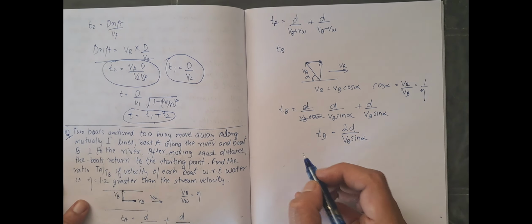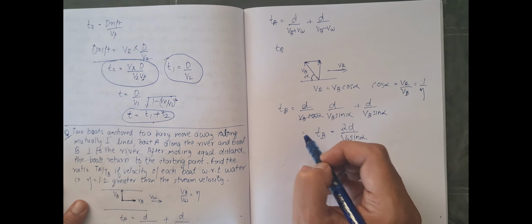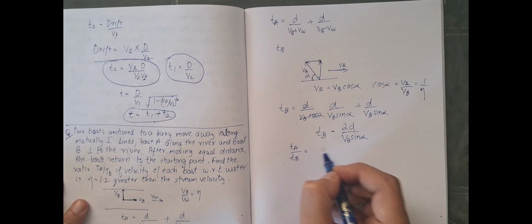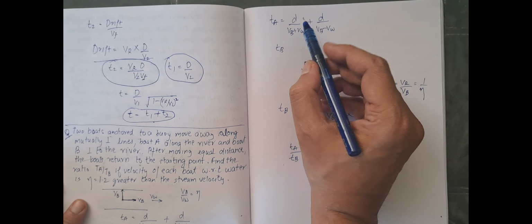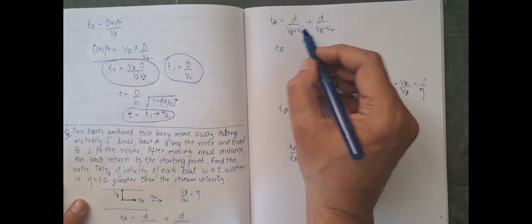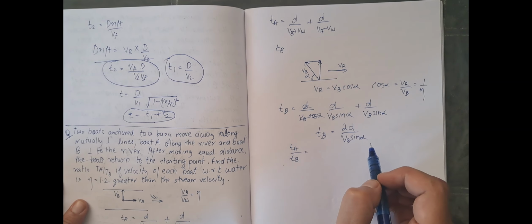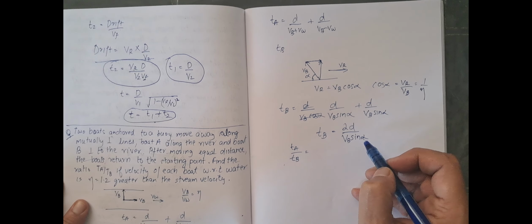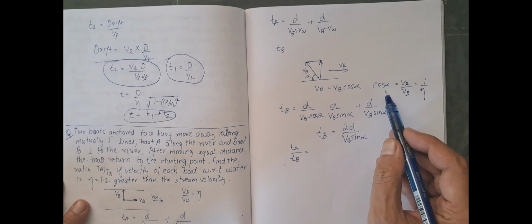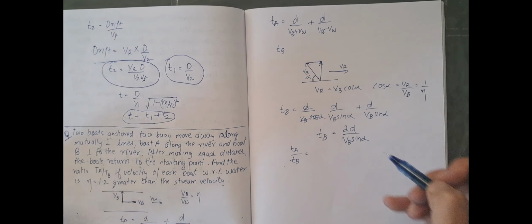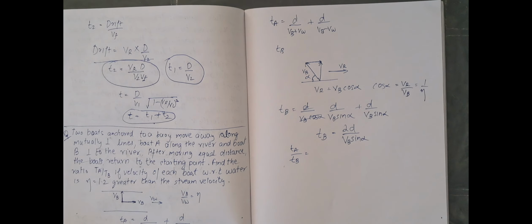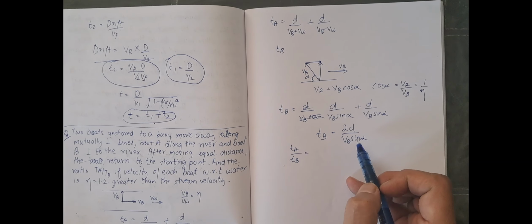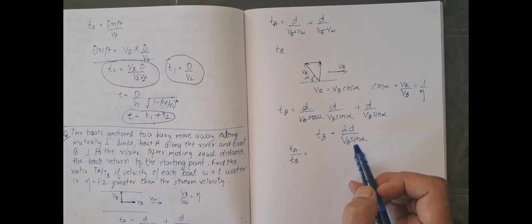What we have to find out? TA by TB. This by this. You don't have to do anything, you just have to rearrange the terms slightly. D will get cut. You know the value of cos alpha, you can replace that here. If you rearrange these terms, you will get sine square alpha somewhere, or in fact you will get sine alpha.